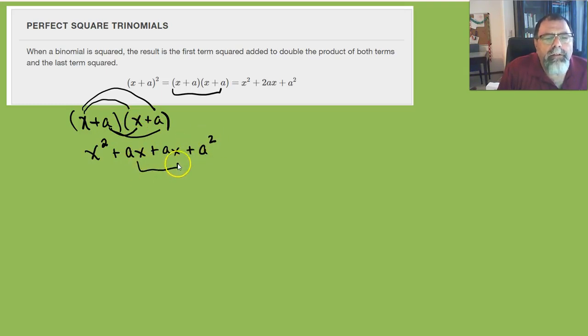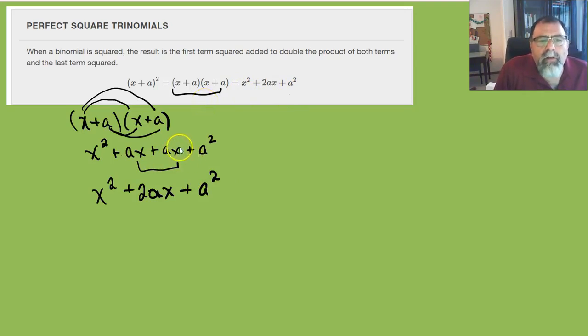And then these are like terms, so 1a plus 1a is 2a, so 2ax plus a squared. So you got 2ax. And you see that's where this formula comes from.